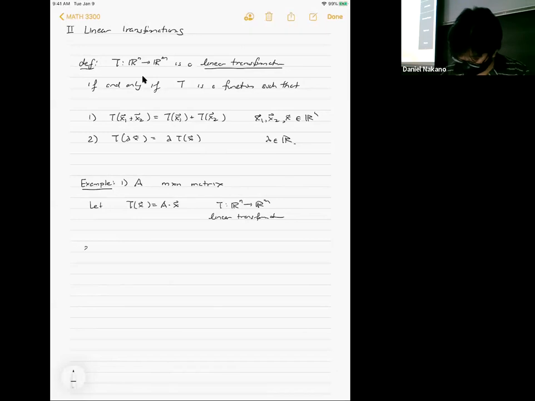Now, we have the process that goes in reverse too. So let T be a linear transformation from Rn to Rm.